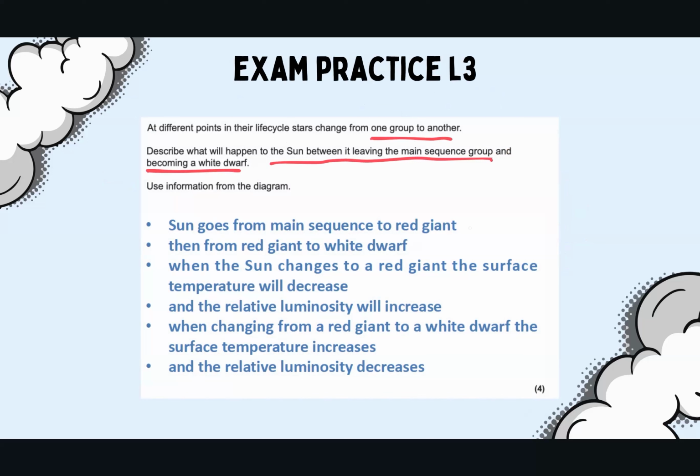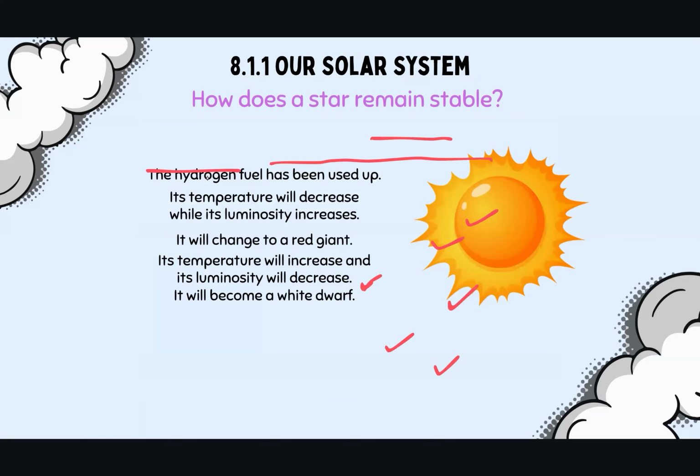So the sun goes from main sequence to red giant, then it goes from red giant to white dwarf. When the sun changes to a red giant, the surface temperature decreases, but its luminosity increases. When it changes from red giant to white dwarf, the surface temperature increases, but the relative luminosity decreases. So exactly what we went through on this slide.